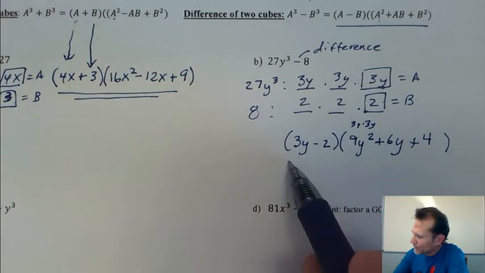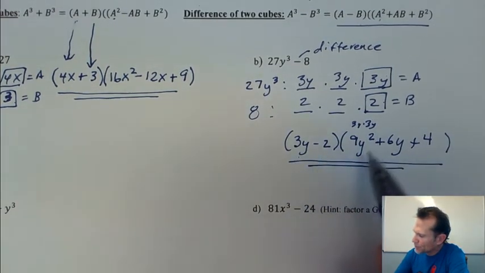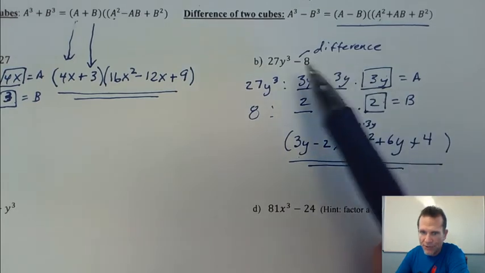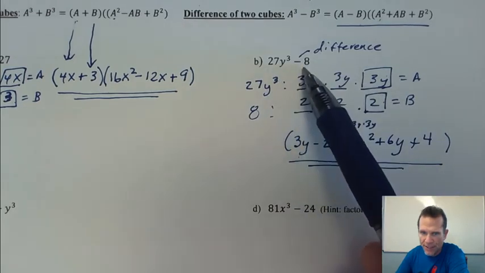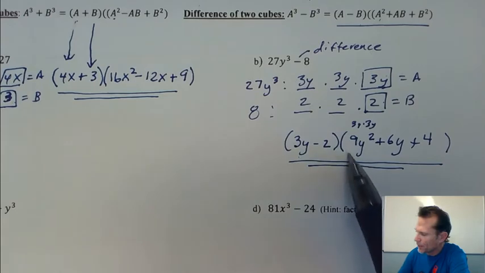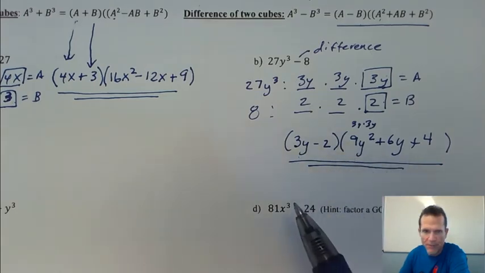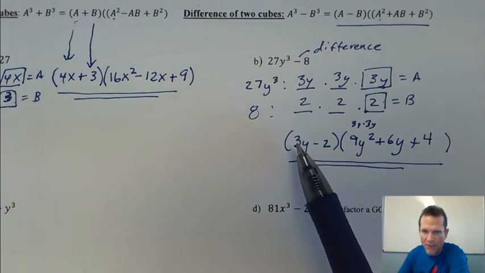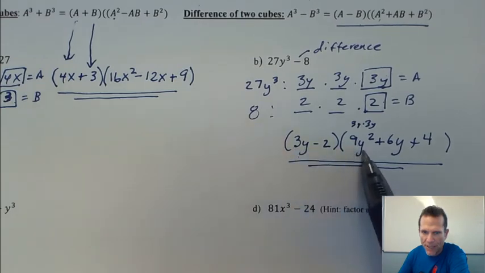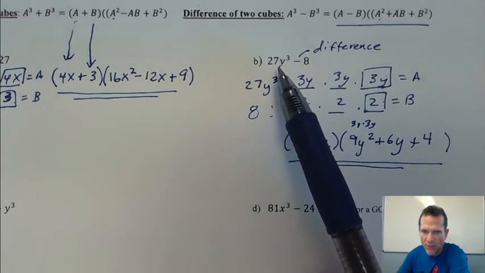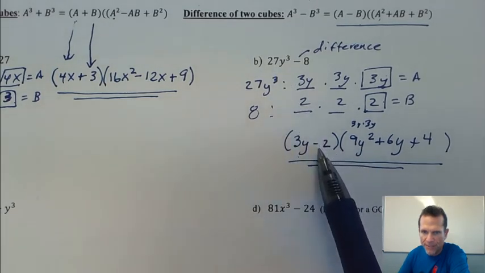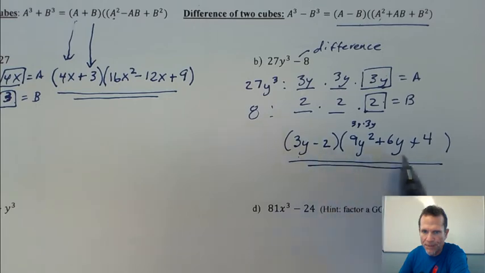Now you could multiply this out to check your answer and see that you get this, and I promise it's going to work. You might want to do that just one time to see the check. I always tell students maybe just to take this 3y times 9y squared, you can see the 27y to the third. And when you take this negative 2 times this 4 here, you can see the negative 8.